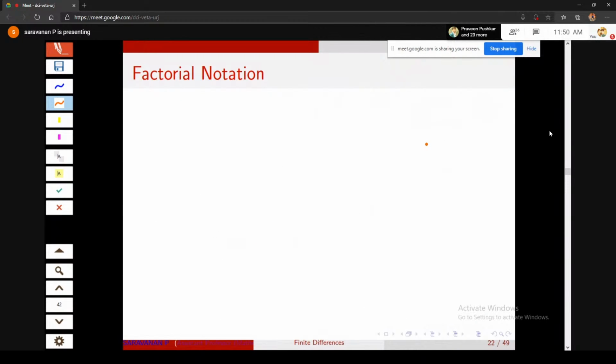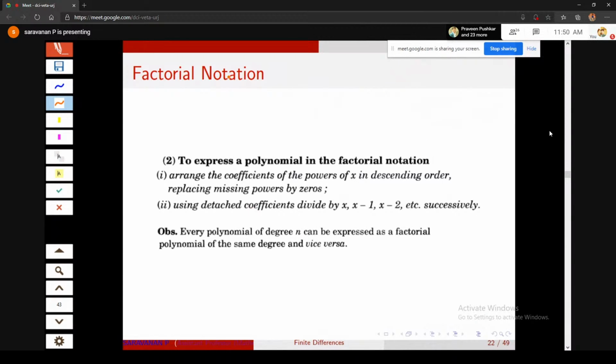To express the polynomial in the factorial notation, we will do this. Arrange the coefficients of the powers of x in descending order, replacing the missing powers by 0. So suppose in a polynomial of degree 3, x is not there, so you write 0x. Using detached coefficients, divide by x, x minus 1, x minus 2, etc. successively.